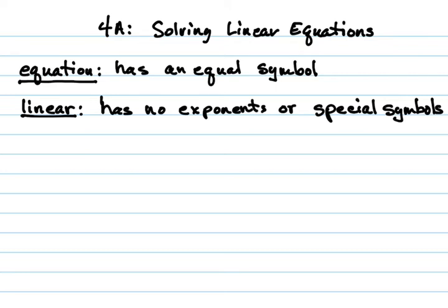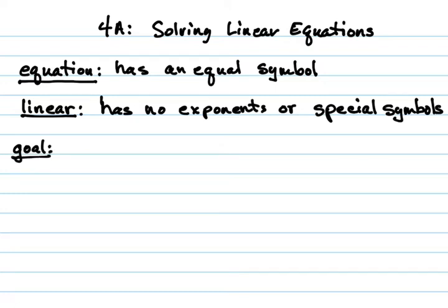All right. Once you've identified something as a linear equation, then we'll talk about the steps for solving it. But before we start that, let's talk a little bit about what your whole point is.